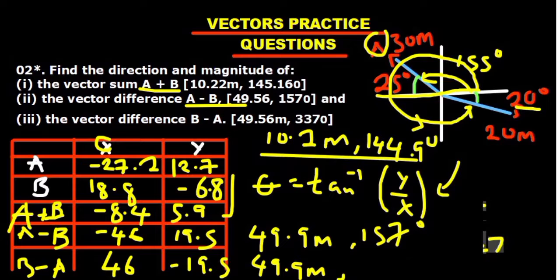Look at the components. Where do we expect to find our x value to be positive and our y to be negative? It's in the fourth quadrant. So subtract from 360. You find 337 degrees as your angle. Okay, so that's the way to go about it.